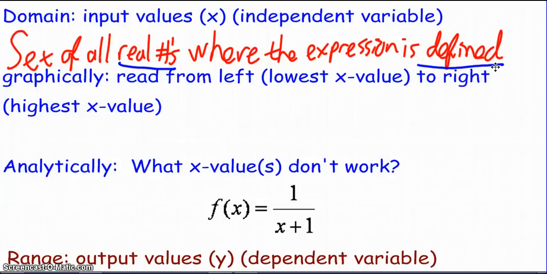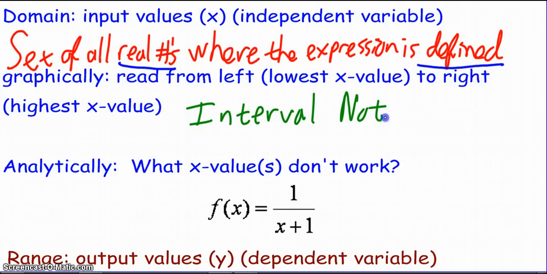If there's gaps, that's okay. And most of the time we're going to write our answer in interval notation. So remember, that's parentheses and brackets. You can also write it out in words, or you can use inequality notation. Interval notation is just usually nicer and quicker and cleaner. So that's what we're going to focus on.